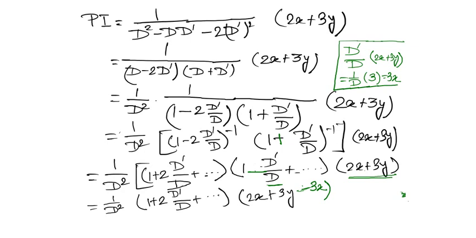Let me move on to the next page. So now I can write it as 1 by D square, and do the square part, D square into, it was like 1 plus 2 into D dash by D, and here that will be minus x plus 3y.